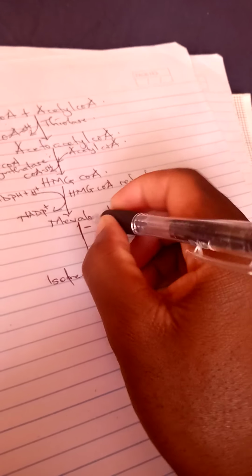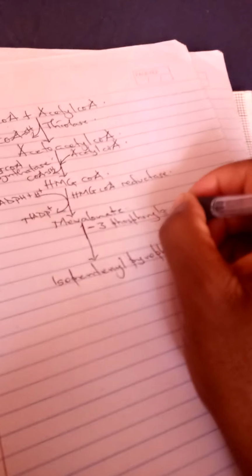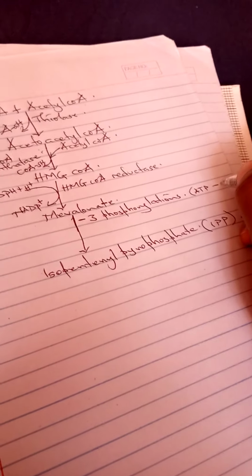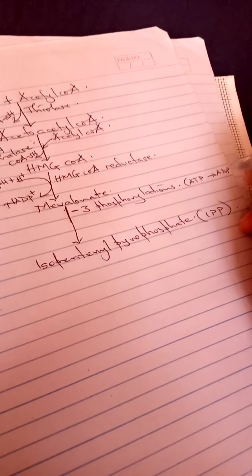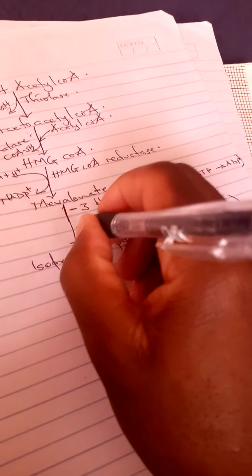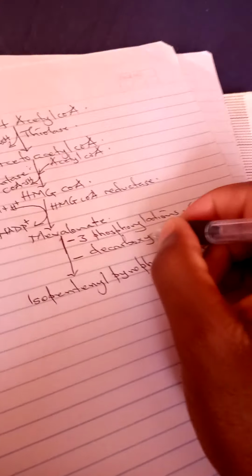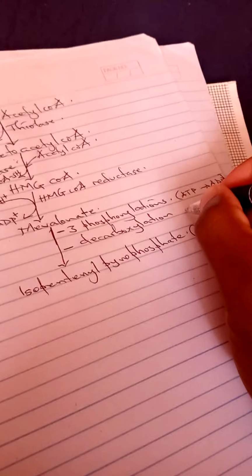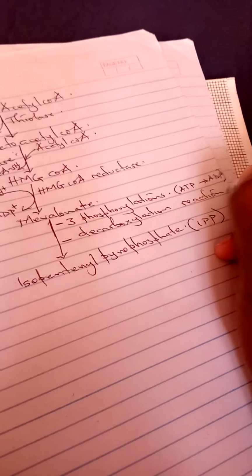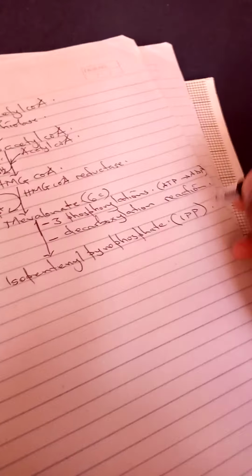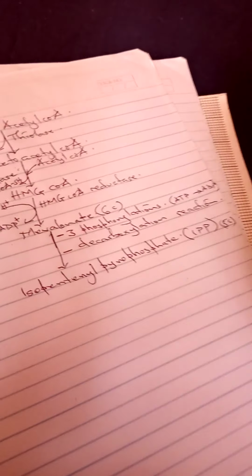We have different reactions. One, we have 3 phosphorylations, which means we are using ATP and forming ADP molecules. Then after the 3 phosphorylations, we have a decarboxylation reaction, which means there will be loss of a carbon dioxide molecule, because mevalonate is a 6-carbon molecule and isopentenyl pyrophosphate is a 5-carbon molecule.